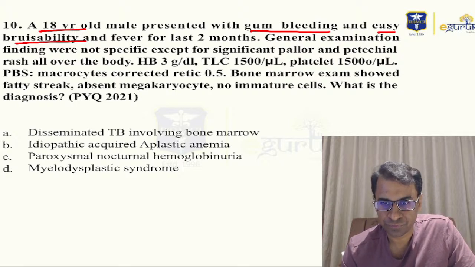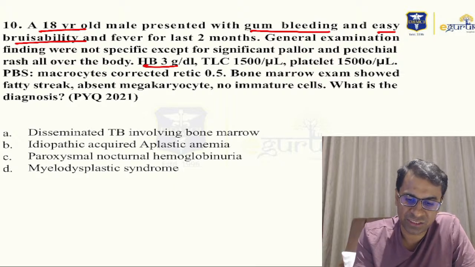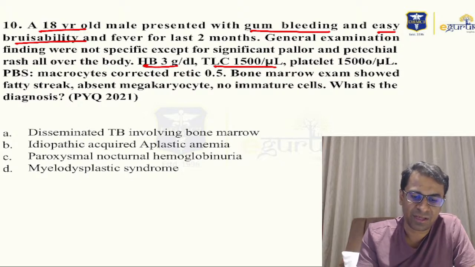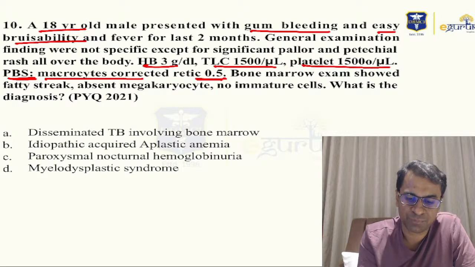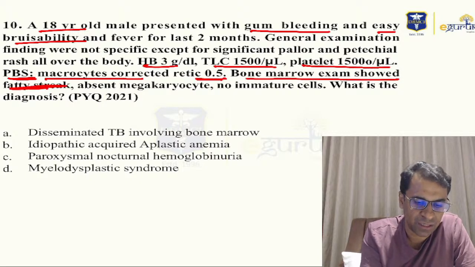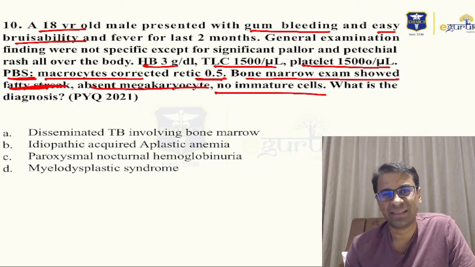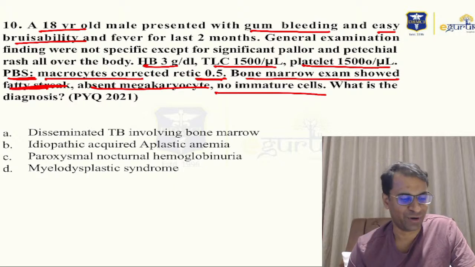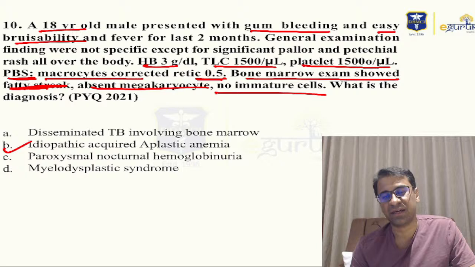Hemoglobin is 3, TLC 1500, platelet count 1500, peripheral smear shows macrocytes, reticulocyte count is 0.5, and bone marrow shows fatty streaks, absent macrocytes, no immature cells. I think there's too much history given to you. What is the answer? It should be idiopathic acquired aplastic anemia.